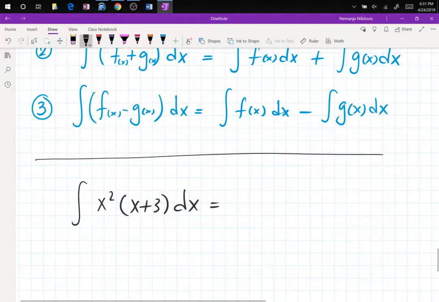Remember, you do not have product rule until Calc 2. Yes? Multiply it, make a polynomial. Exactly, perfect. So you are going to multiply this out, and then you will deal with what's left. Now, the integral of x cubed plus 3x squared dx.